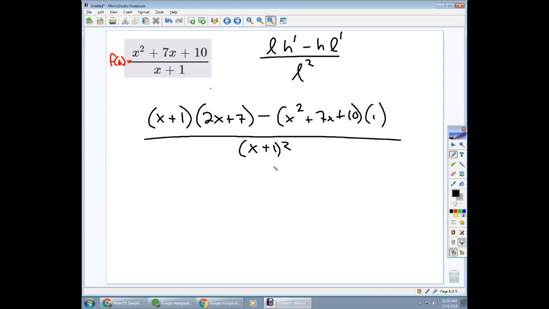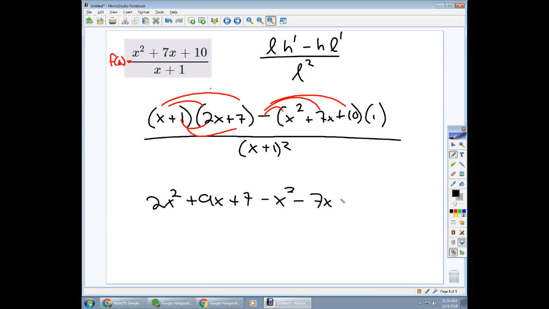So then we have some distribution to do here, and distribute the negative sign. So what do we get? We get 2x squared, and then a 2x and a 7x, so a 9x plus 7, minus x squared minus 7x minus 10.